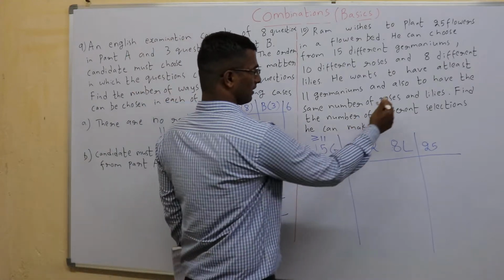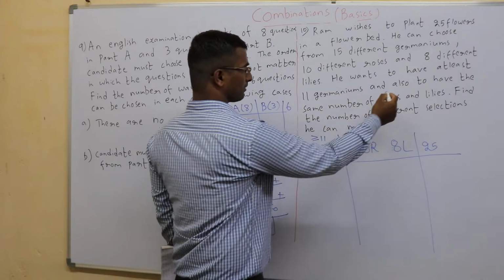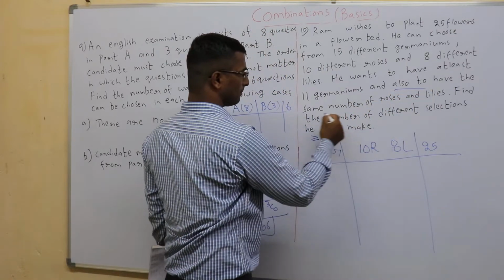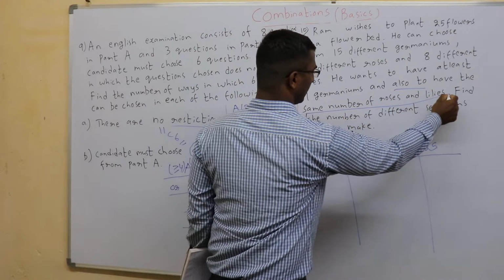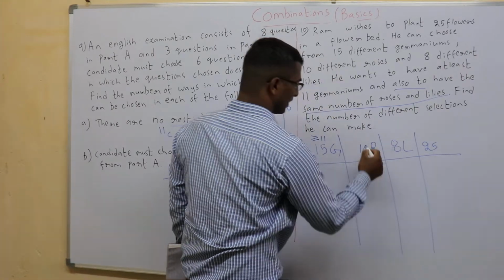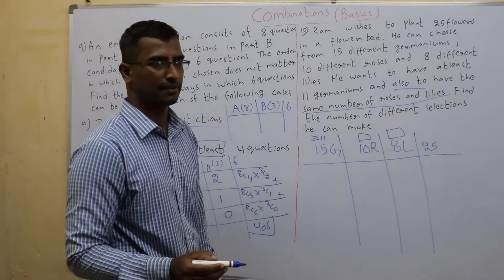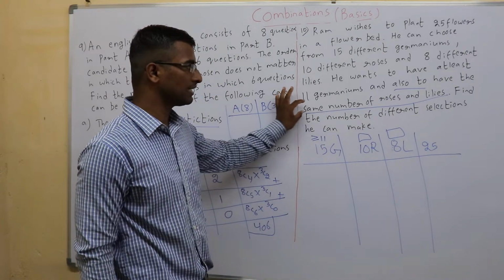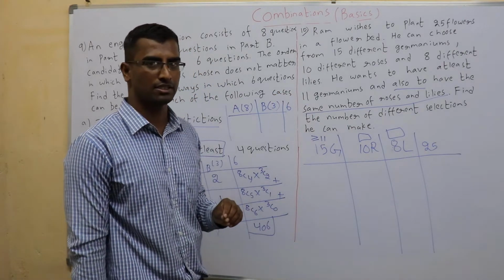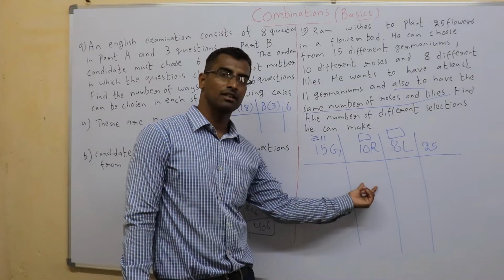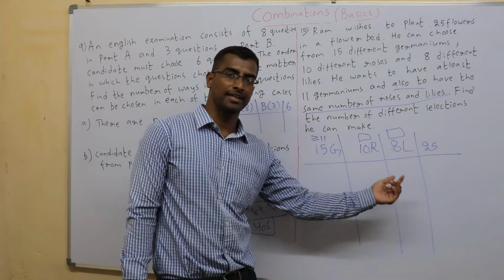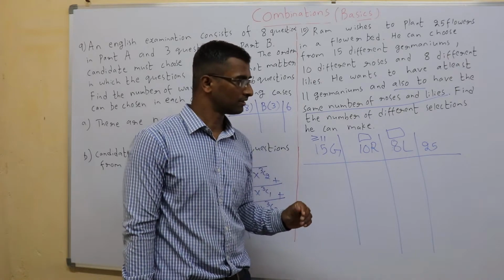And also to have the same number of roses and lilies. The count of roses and the count of lilies should be the same. That is the meaning of this statement. Same number of roses and lilies means whatever number of roses you take, the same number of lilies should also be taken.